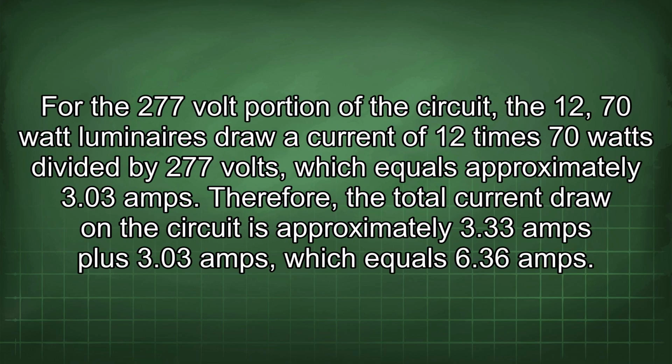For the 277 volt portion of the circuit, the 12 70-watt luminaires draw a current of 12 times 70 watts divided by 277 volts, which equals approximately 3.3 amps. Therefore, the total current draw on the circuit is approximately 3.33 amps plus 3.3 amps, which equals 6.36 amps.